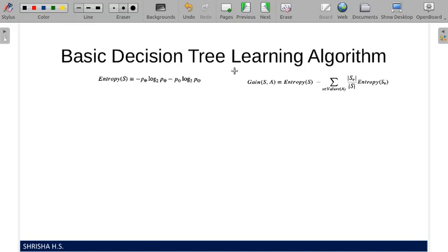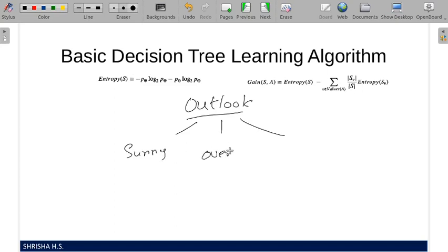Now as we have selected our root as outlook, what are the attribute values? It has sunny, overcast and rain.